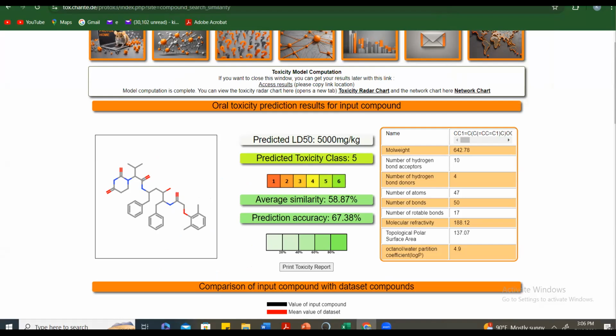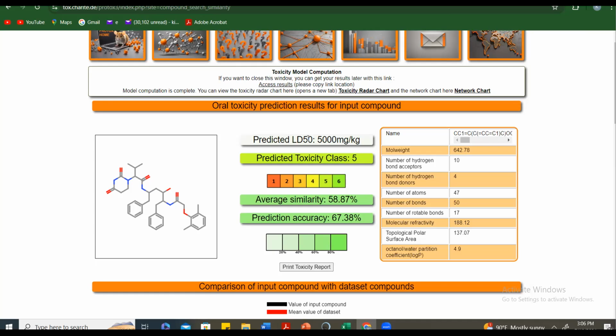Now, it's giving us a calculator called LD50, the lethal dose. Lethal dose can be described as the level at which people will consume a chemical before it can cause damage. So before this drug can cause damage, people will have consumed about 5,000 milligrams per kilogram of it.